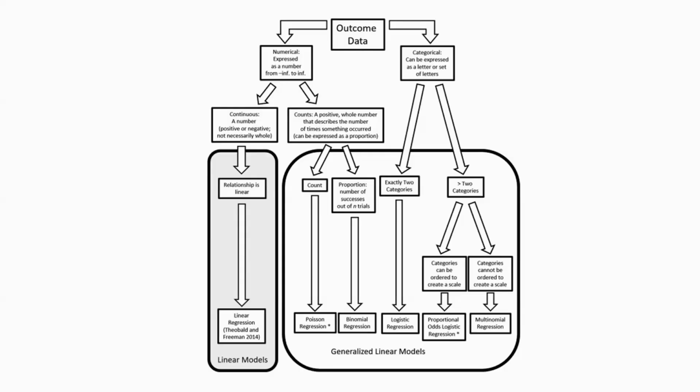So even in count data, you could be looking at data that has very low variability, in which case you would use something like a Poisson regression model, or you could have count data that has a lot of variability, like T cells and viral load counts. And in that case, you would use something like a negative binomial.